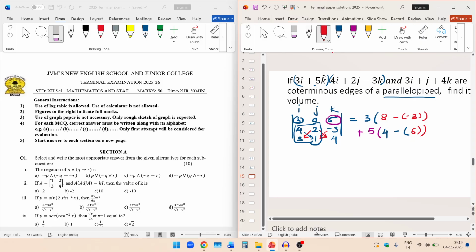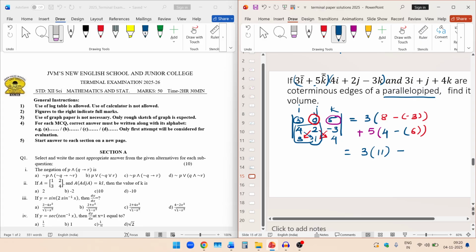And where has this 0 gone? Nowhere. It is there, but we don't have to write it, because 0 multiplied by the minor of this element is still 0. So you don't have to write it. Forget it. So all you have is these two terms to solve. So the answer should be 3 times 8 plus 3. 8 plus 3 is how much? 11. And this will be 4 minus 6, which is minus 2.